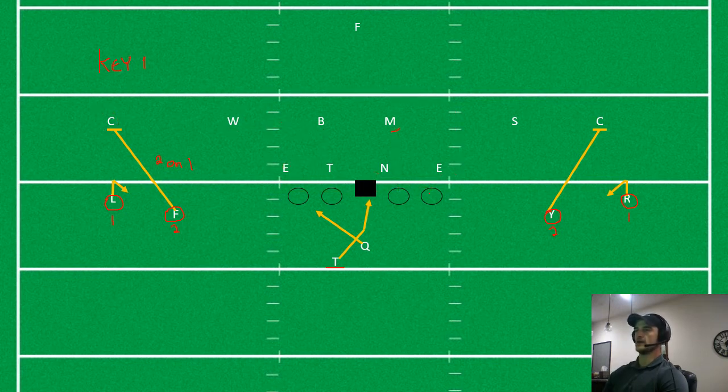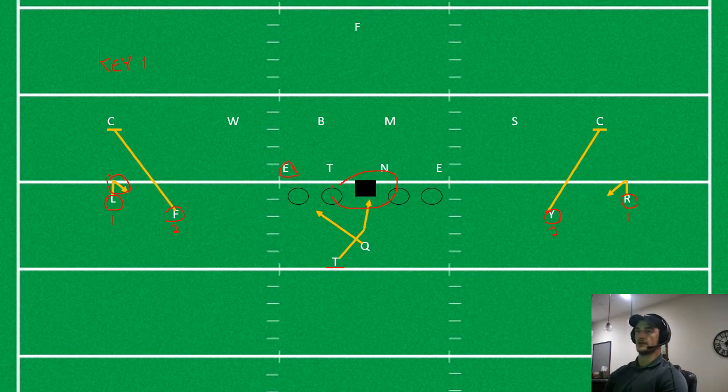So, for instance, this is 2 by 2 left, key 1. We make the call, we make the determination, and based on where the defense is lined up, we either throw the screen or we run the inside zone. And we read off this defensive end.